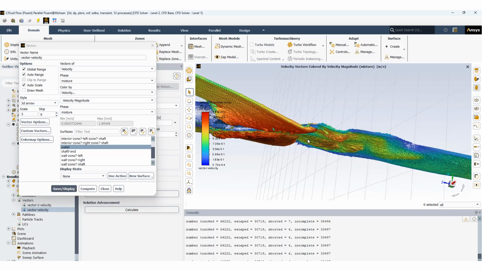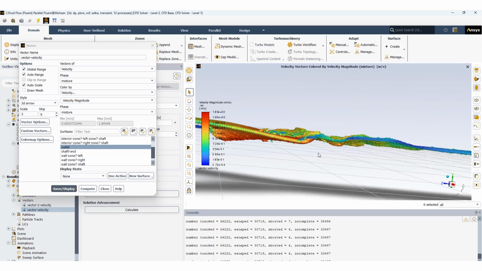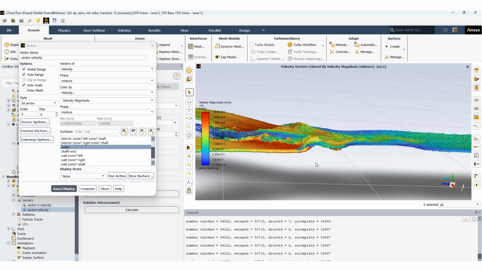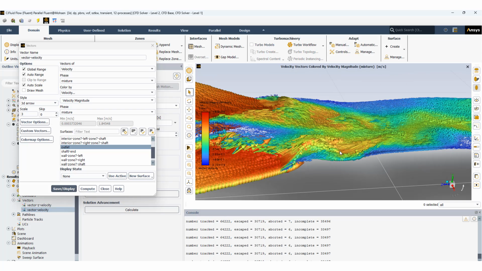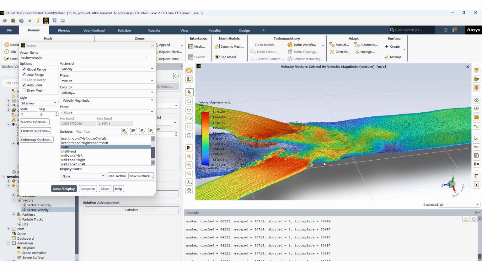At the free surface, first of all, you can see the waviness and disturbances of the flow that propagated over the free surface, scaled by the velocity magnitudes.